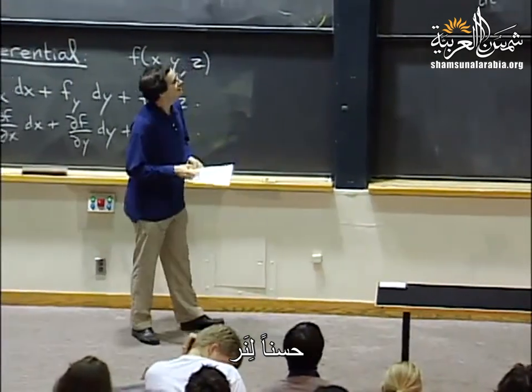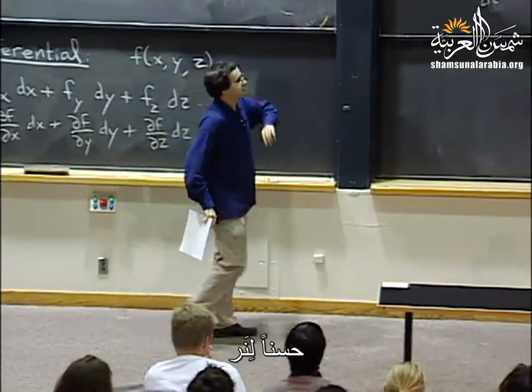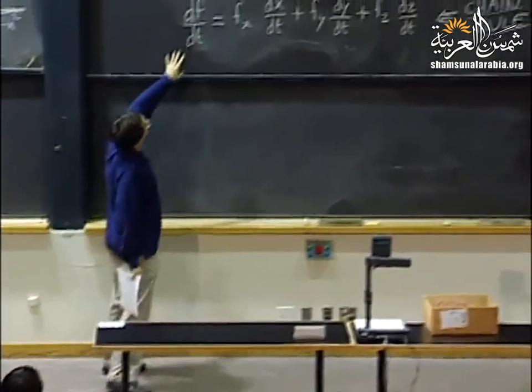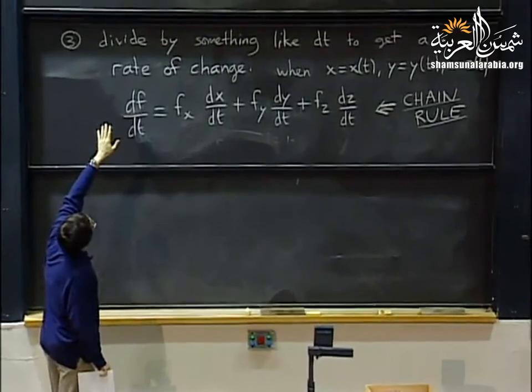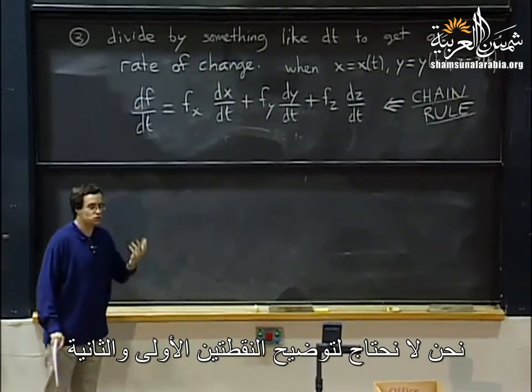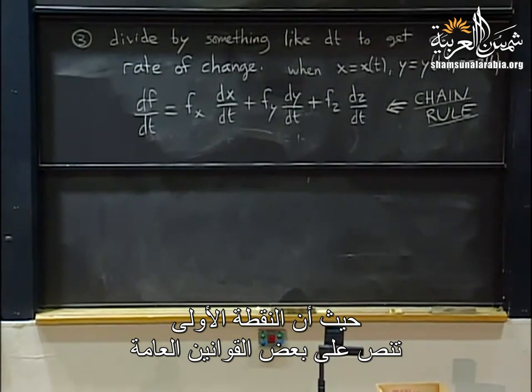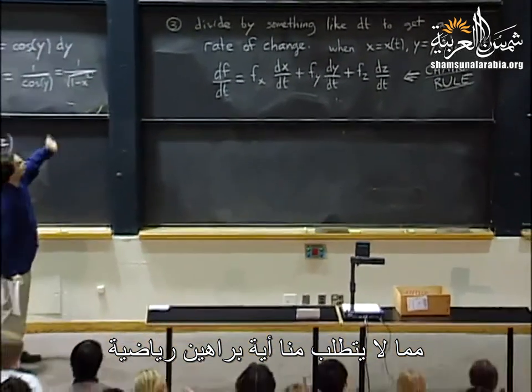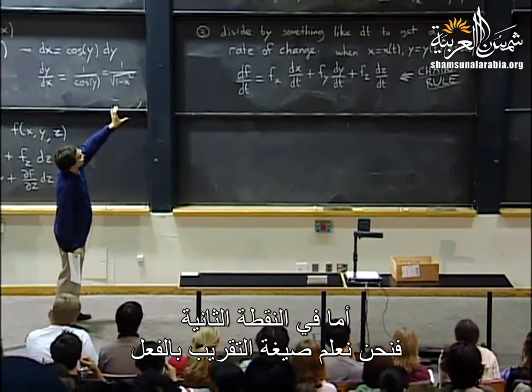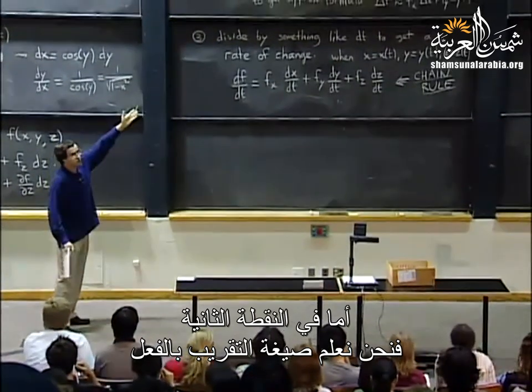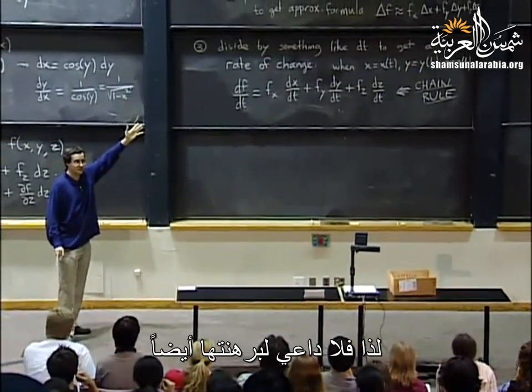Okay. So let's see. Here I made, so the first and the second claims I don't really need to justify, because the first one is just stating some general principle, but I'm not making a precise mathematical claim. The second one, well, we know that approximation formula already, so I don't need to justify it for you.